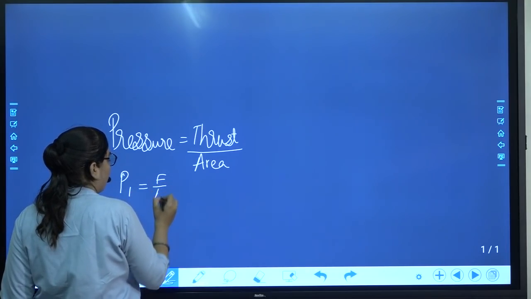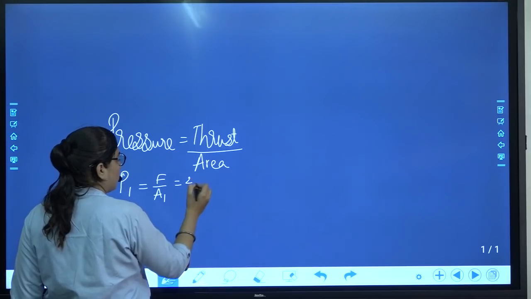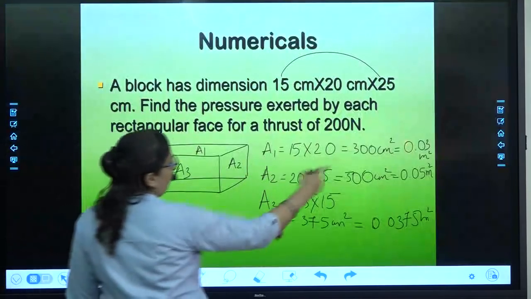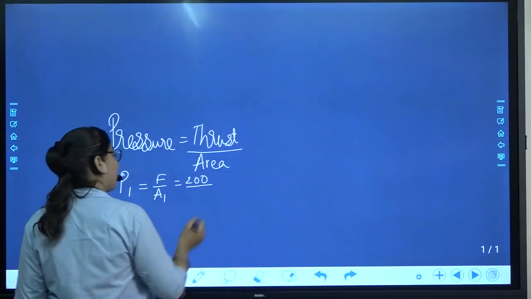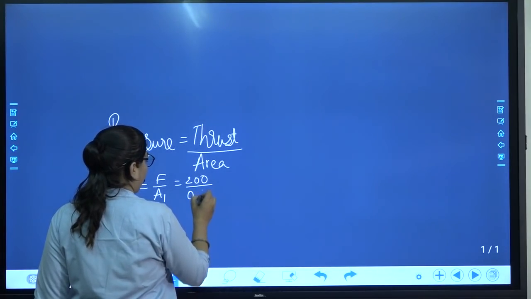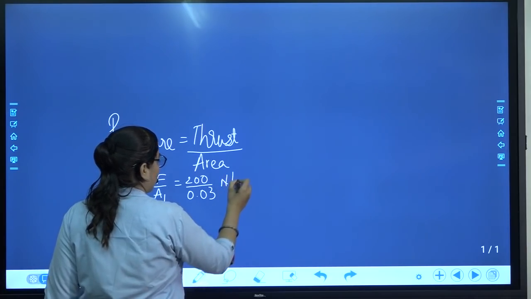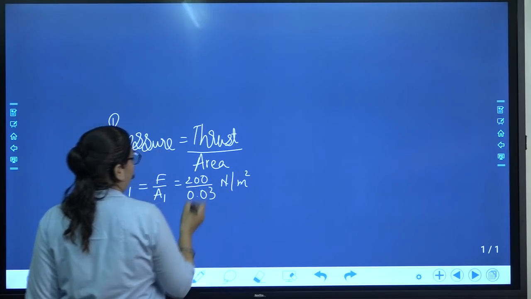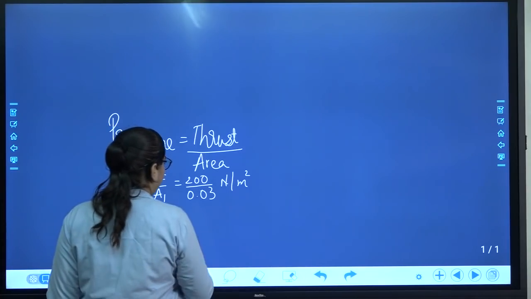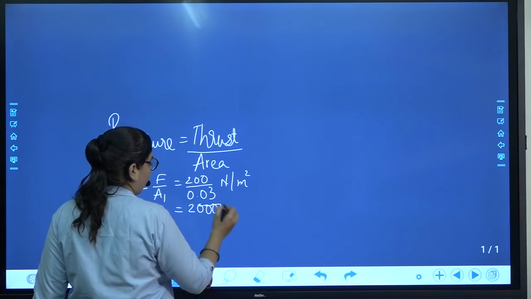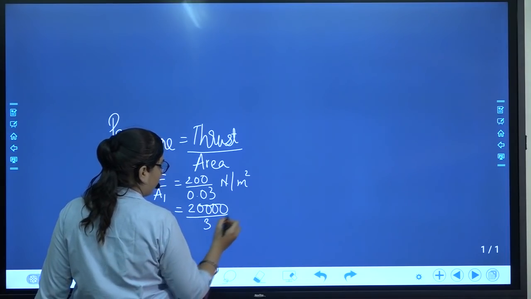It is force upon area 1. Force is fixed 200, and what area we got? We got the area 1 as 0.03. So here it is 200 upon 0.03 Newton per meter square. If you just calculate it, it will come to 20000 upon 3.